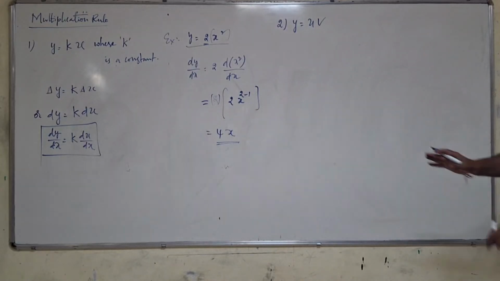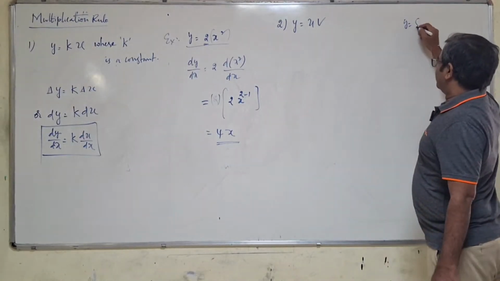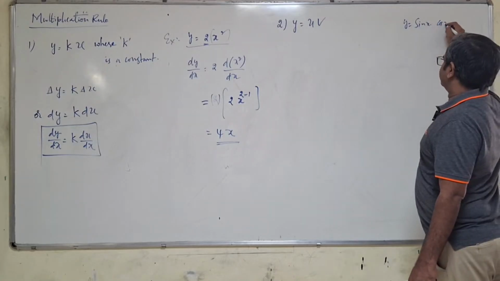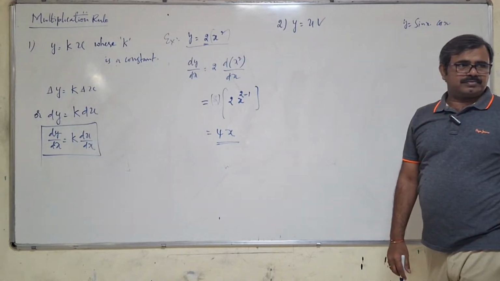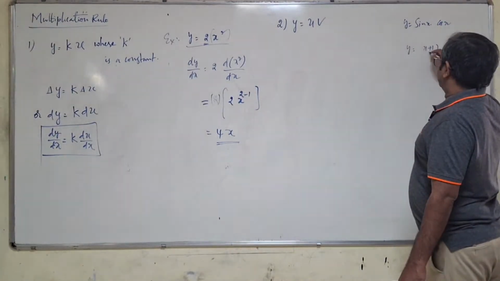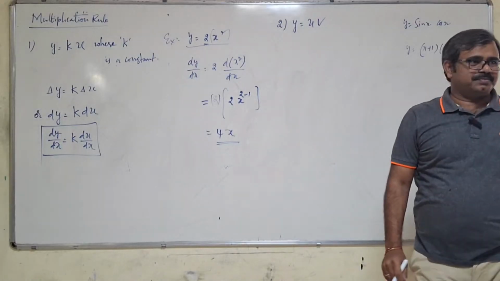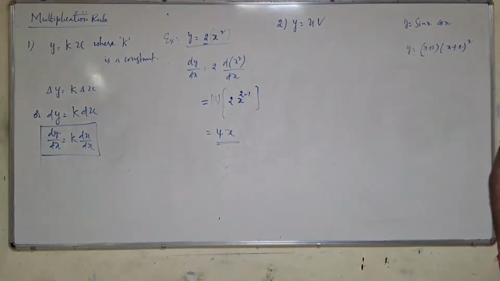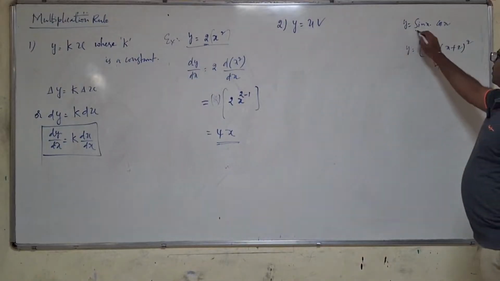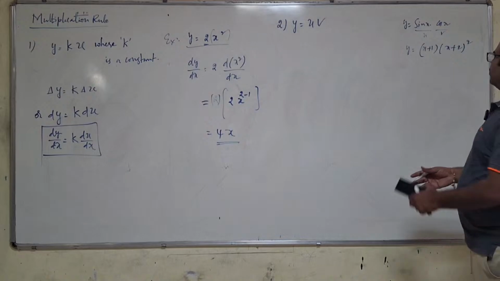In this case, how do we do it? Suppose, for example, y is equal to sin x into cos x, or y is equal to x plus 1 into x plus 2 whole square, something like this. If it's a product of two functions, how do we do this? If y is equal to uv.